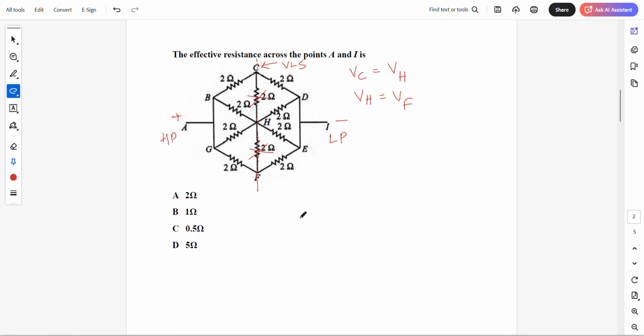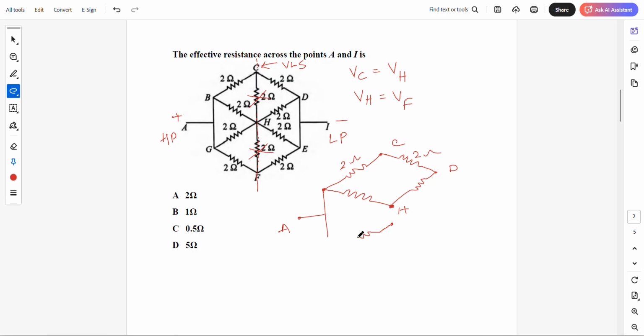How can I write the circuit now? I can write this circuit like this. This is H, right? Okay, and again this is C. This is D. This is one and the same A only. Okay, and now H I can write like this.